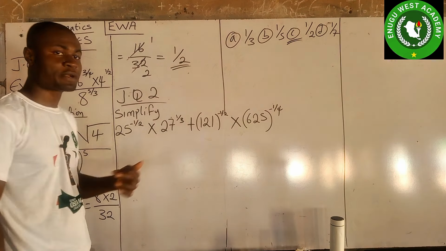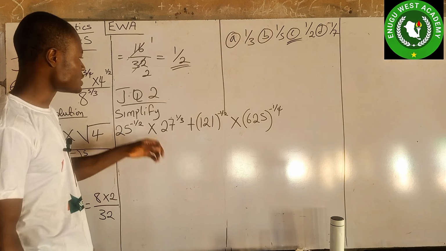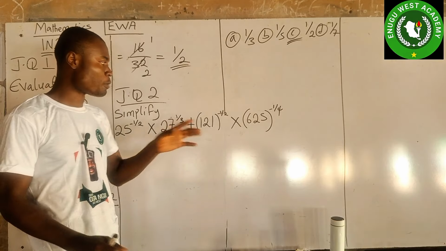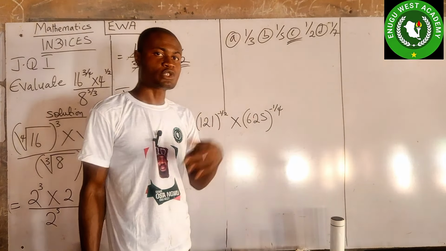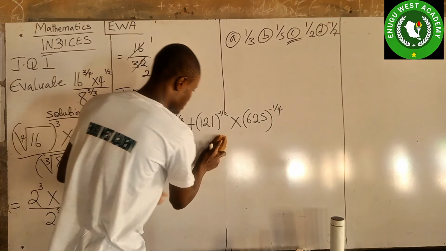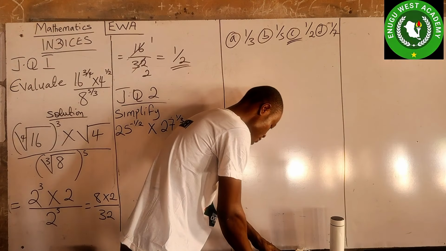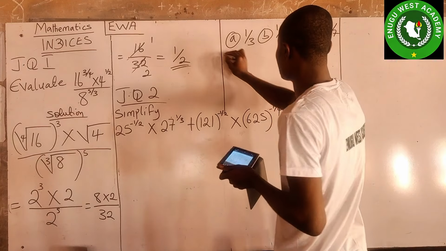So we have question 2. Simplify 25 raised to power minus 1 over 2 times 27 raised to power 1 over 3 plus 121 raised to power minus 1 over 2 times 625 raised to power minus 1 over 4. This is also very simple. So, here are our options.